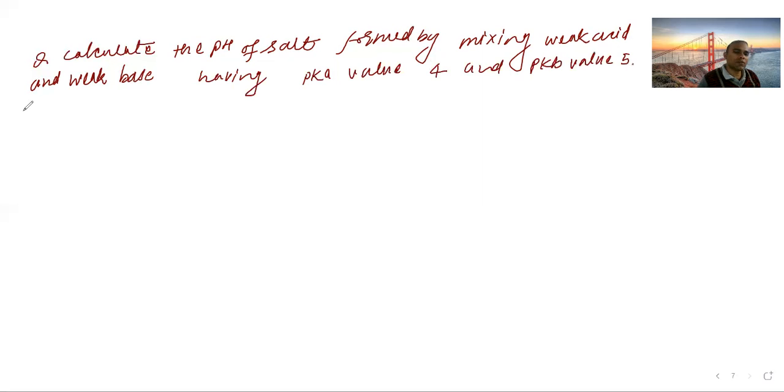Option A is 6, option B is 6.5, option C is 7, option D is 7.5.